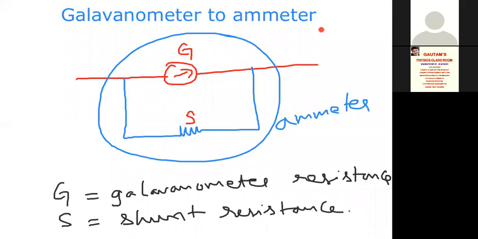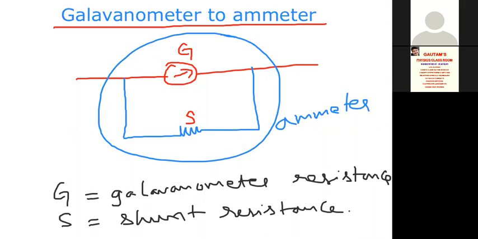Now this galvanometer is connected with a small resistance in parallel, so what will happen, beta? The effective resistance will decrease. Effective resistance will decrease means we can allow more current through it. That is the purpose. We call it conversion of galvanometer to ammeter.